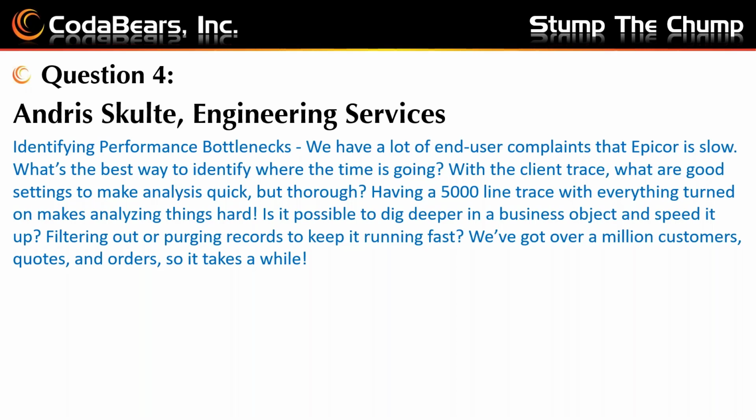And don't turn on all tracing of all things. The other thing is to turn on tracing and clear it just before you perform an action like save. If you found that whenever you save a sales order it takes a long time, then get to that point, clear the trace log, press save, and then capture the trace log at that point and find out what's there. Because what you might find, and I've been in this situation, is a set of BPMs firing off.